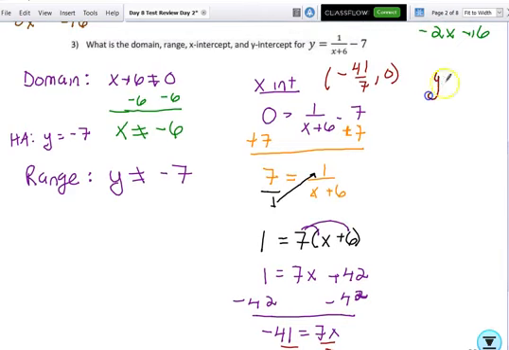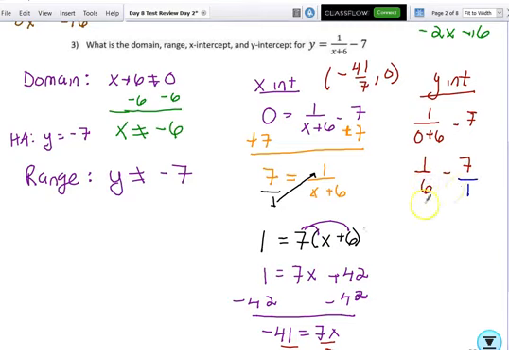Y-intercept, that is when I replace the x with 0. So I get 1/6 minus 7. When we add and subtract a fraction with an integer, with this whole number, I need common denominators.